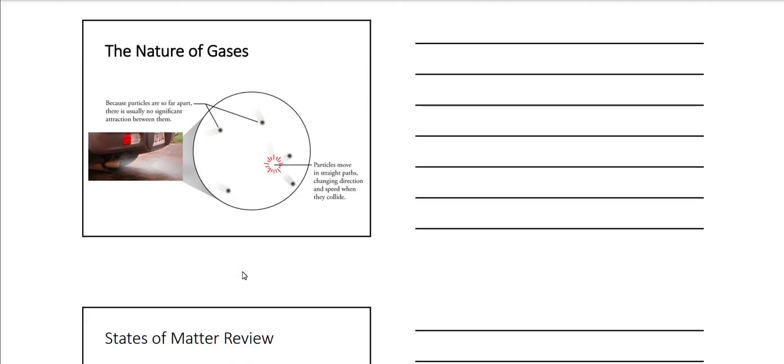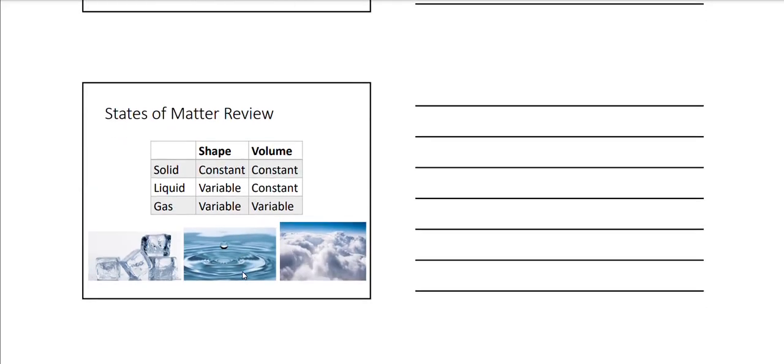So that's the difference between the gas, the liquid, and the solid. Let's look at the solid here one last time. The solid has a constant shape and a constant volume. With a solid, the particles are caged, trapped next to each other. There is really almost no degree of freedom. However, there's still oscillating movement for these particles.